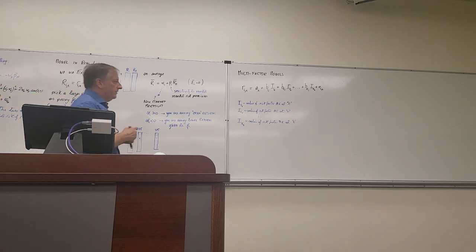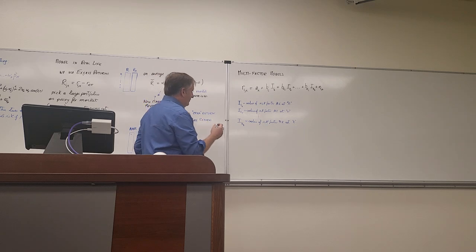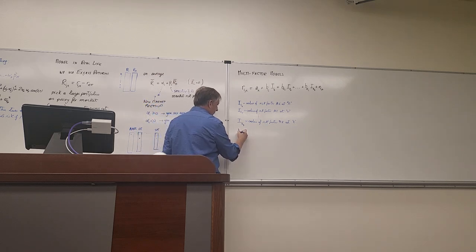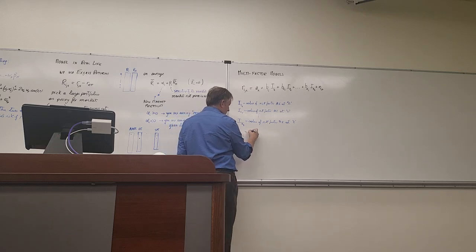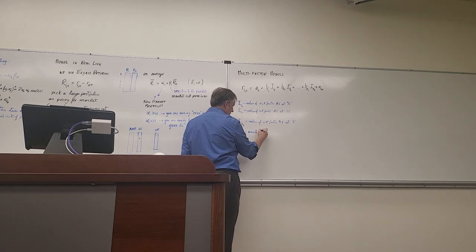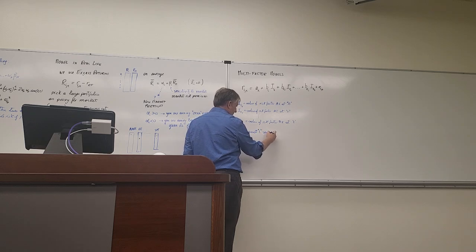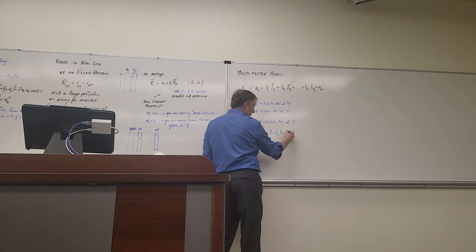What about the associated values of B? B1 I is asset I's sensitivity to risk factor number 1.